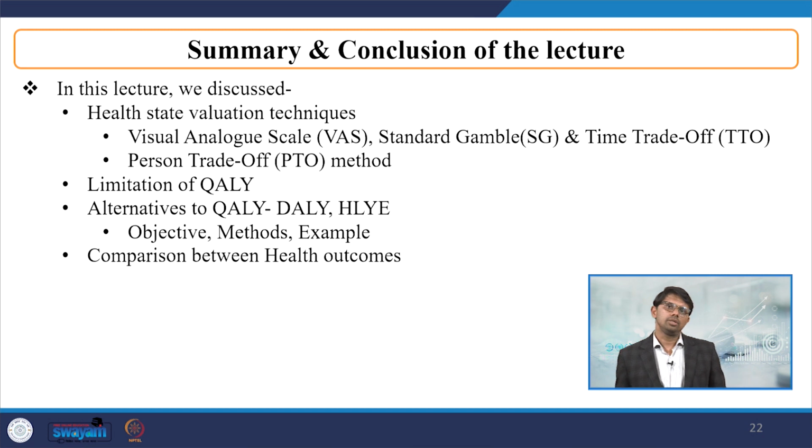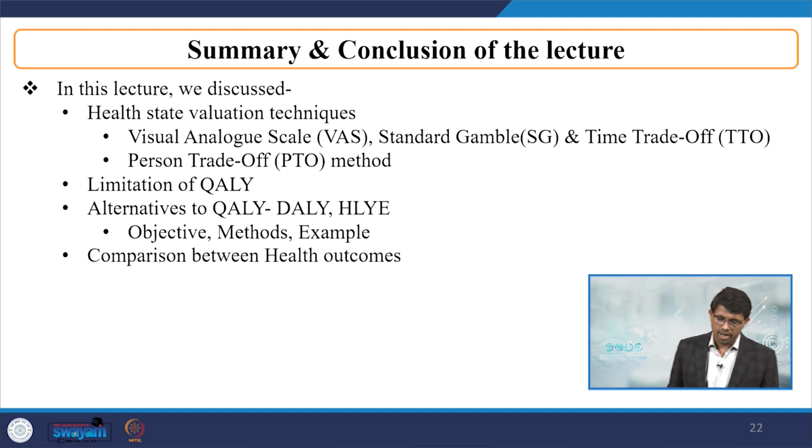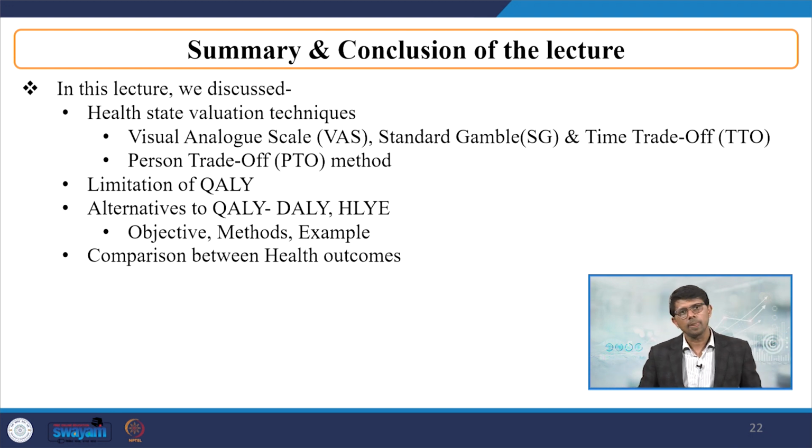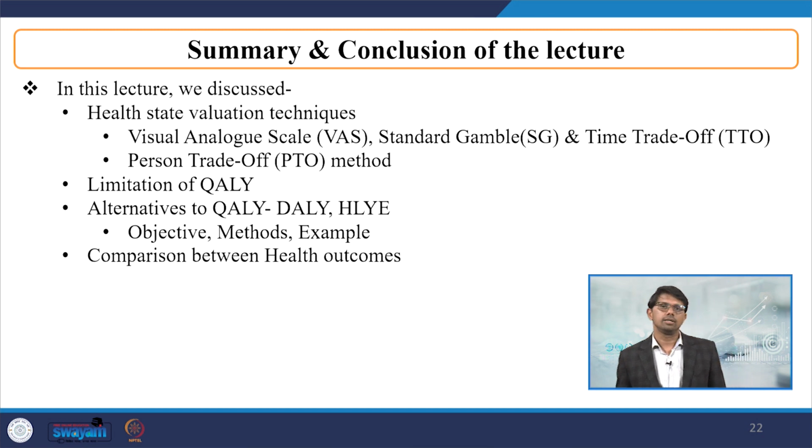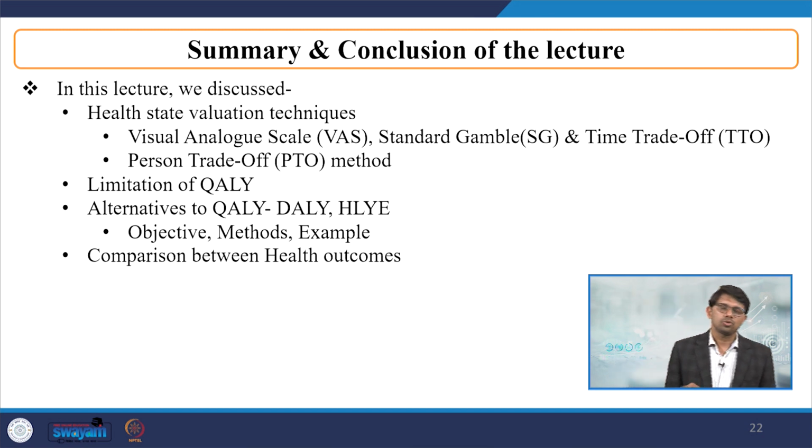We also addressed the limitations of QALY and different aspects of QALY. You can refer to the previous lecture. The alternative uses of QALY are DALY and HLYE. However, DALY is even more preferred given its objective methods and purpose. We have also explained these with their respective examples.